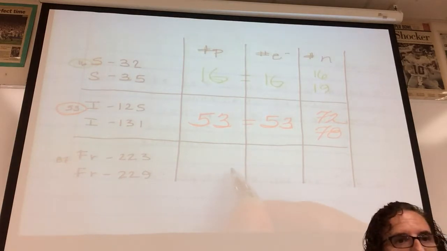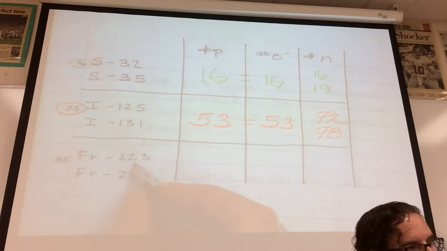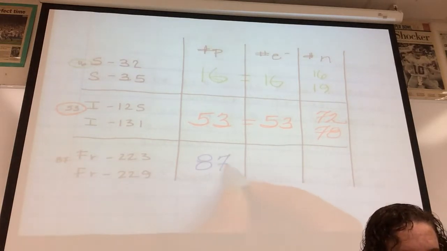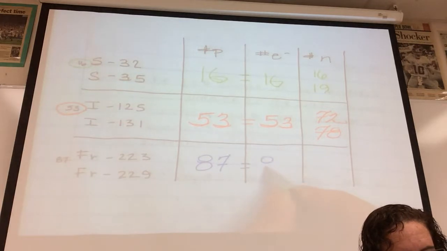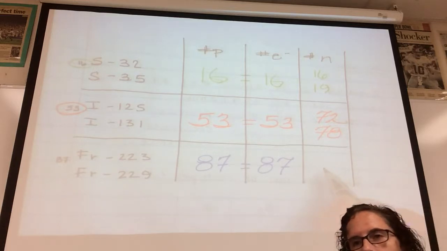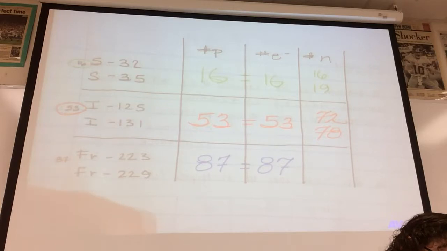And let's see. Tori, how do we get protons for francium-223? It's 87. That is correct. And the electrons would be the same because it's neutral. And for neutrons, Victor, 146. And how'd you get that? I took away 87 out of 223.